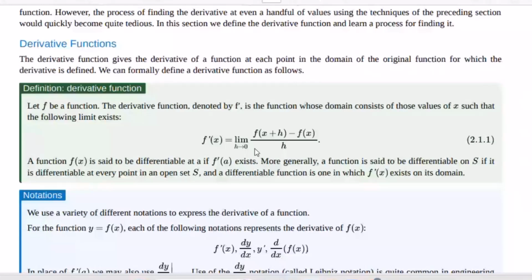Plus 1 into the square root of x plus 5 times h. This will be h into the square root of x plus 5. That's for the first term. Are you with me? Yes, sir.